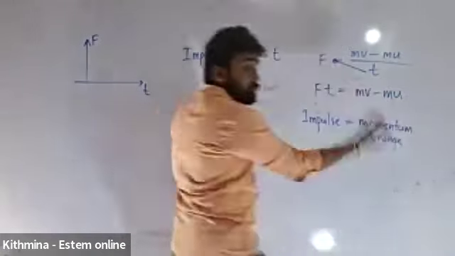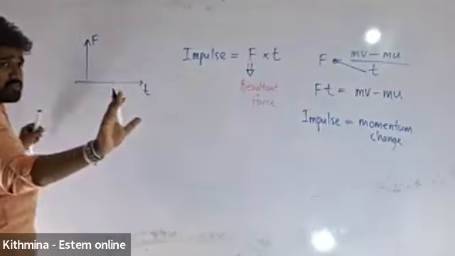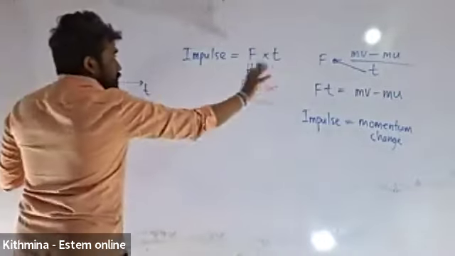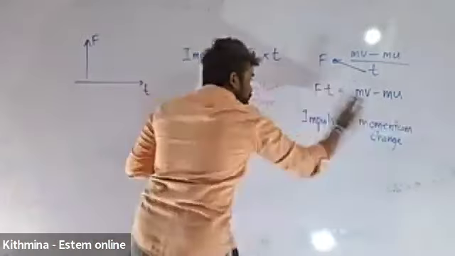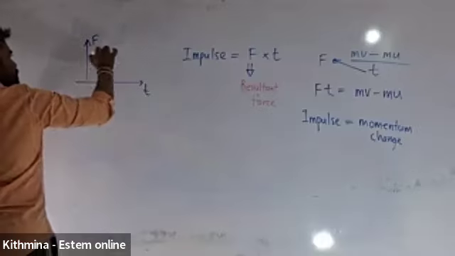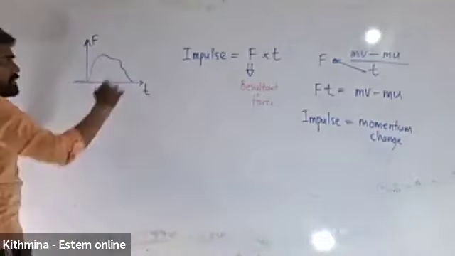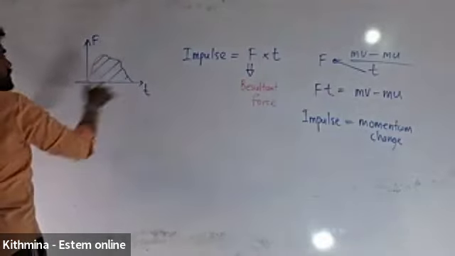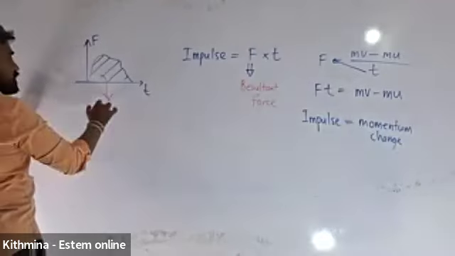Please get these things to your paper. Ft is impulse, impulse is momentum change, then think about the Ft graph. What is the thing that comes from this area?